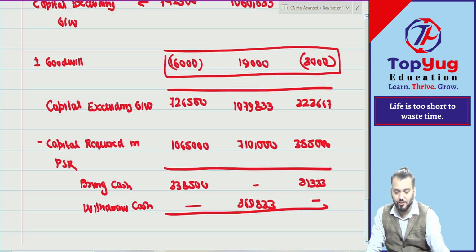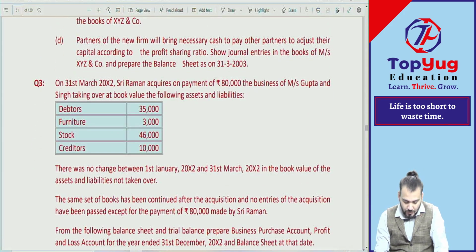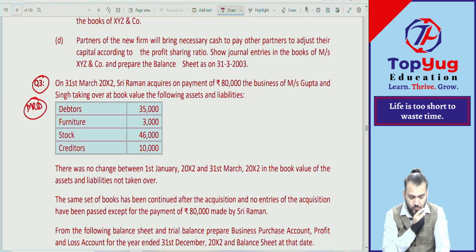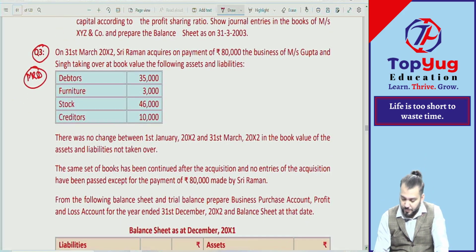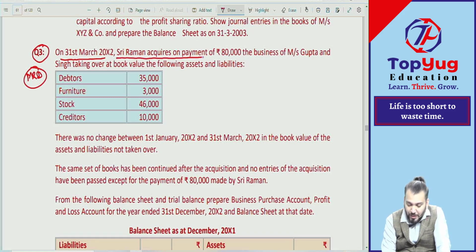Come to question number 3. Madam, must revise question. On 31st March 2002, Sri Raman acquires on payment of 80,000 the business of Messrs Gupta and Singh, taking over at book value the following assets and liability.